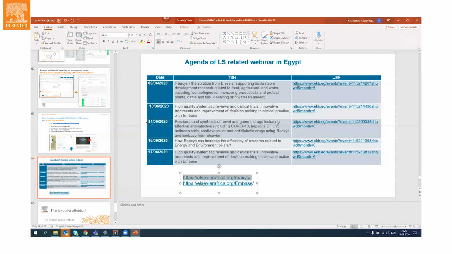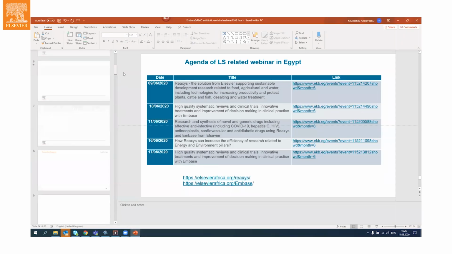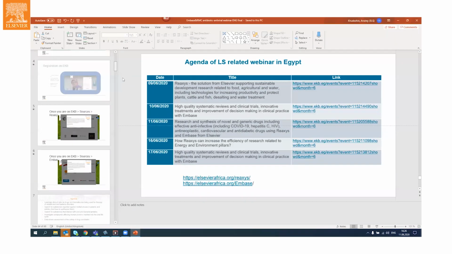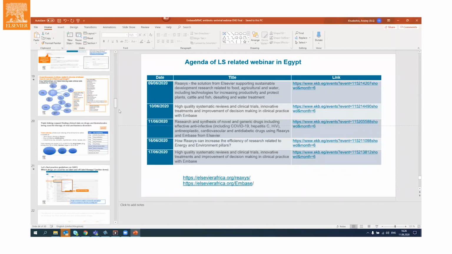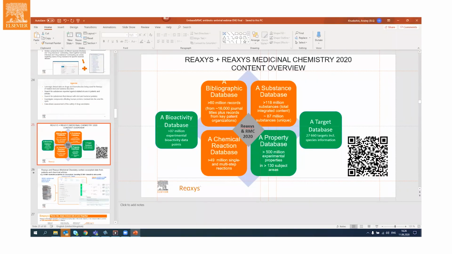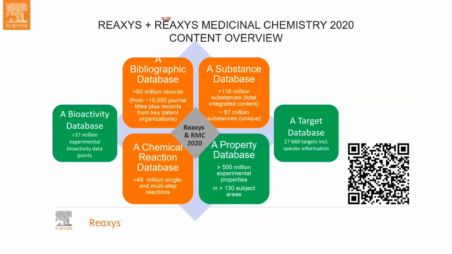And if there are such questions, we can come back to this slide and briefly explain the difference. There is only one common database which contains literature, chemical reactions, and substances.